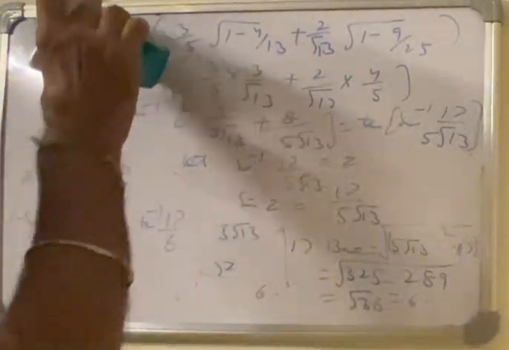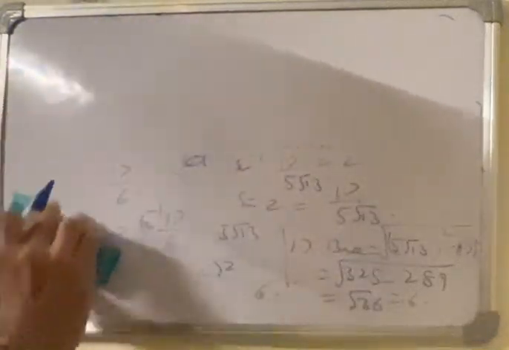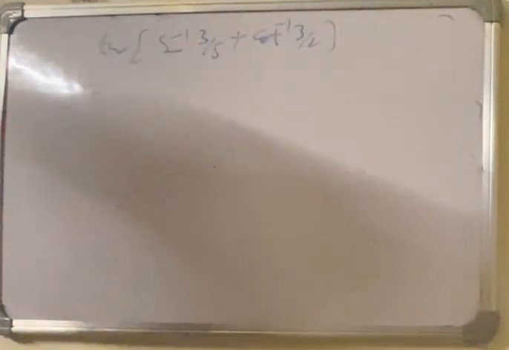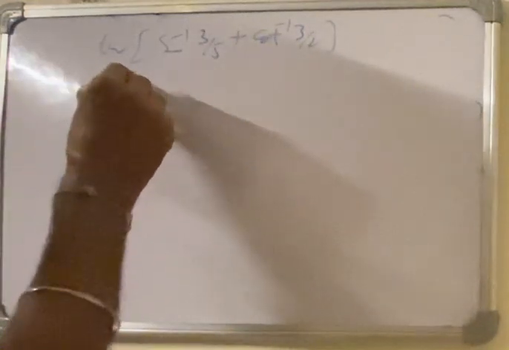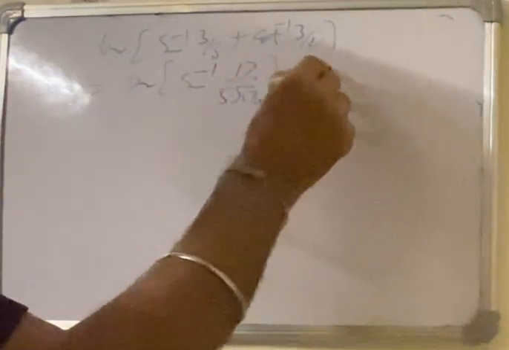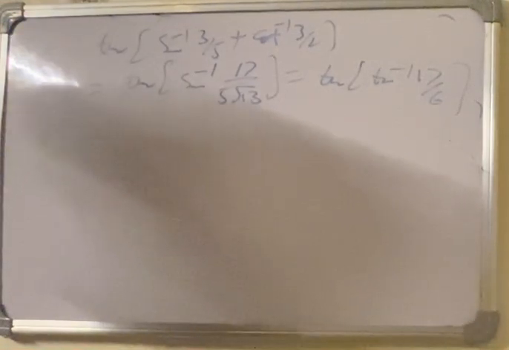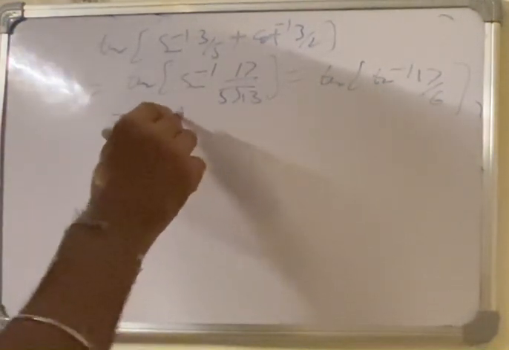Therefore, we have tan of sin inverse 3 over 5 plus cot inverse 3 over 2 is equal to tan of sin inverse 17 over 5 square root 13, which is equal to tan of tan inverse 17 over 6, which is equal to 17 over 6. This is the answer.